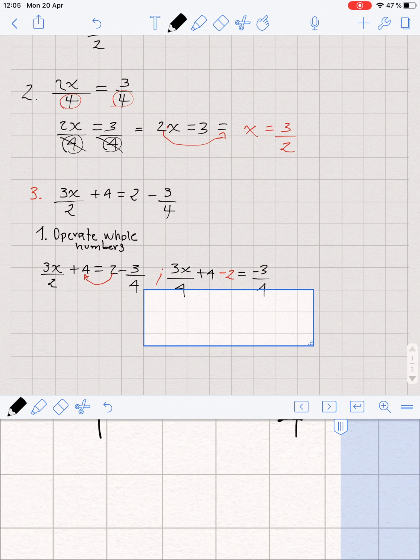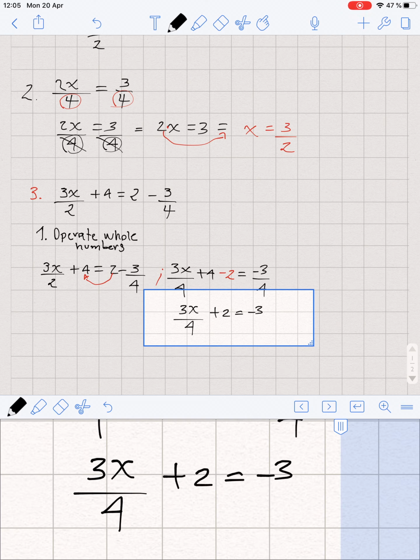In this case, we can combine like terms: 3x/4 plus 4 minus 2 is plus 2, equal minus 3/4. As I said before, for the fractions we have the same denominator, but we have a plus 2, therefore we cannot eliminate the denominators 4.